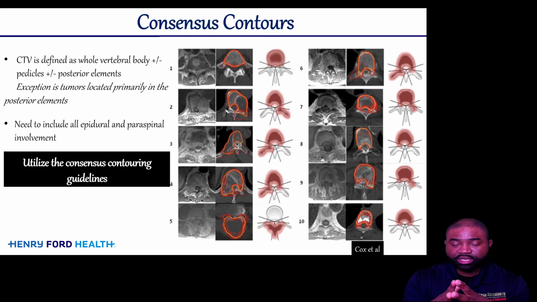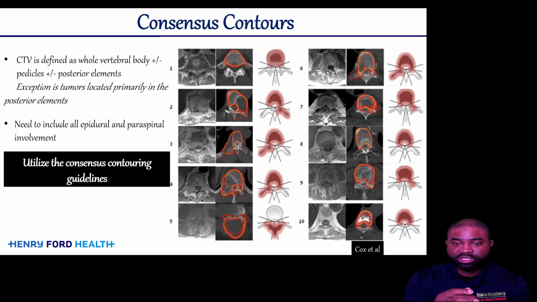It is recommended by HyTEC reports that we draw a PRV around the cord, which is often defined by a T2 weighted MRI or a CT myelogram, and the margin for the PRV is about 1.5 to 3 millimeters.